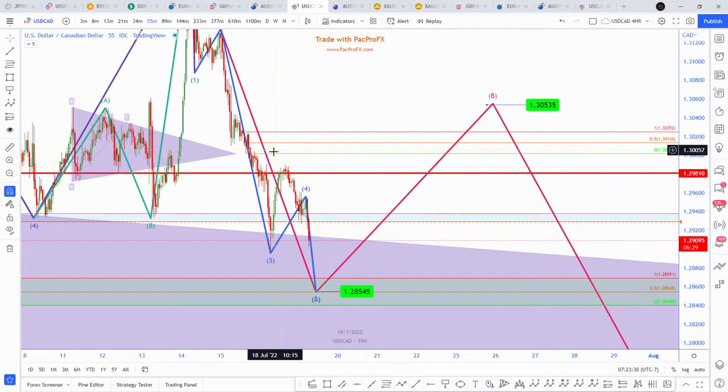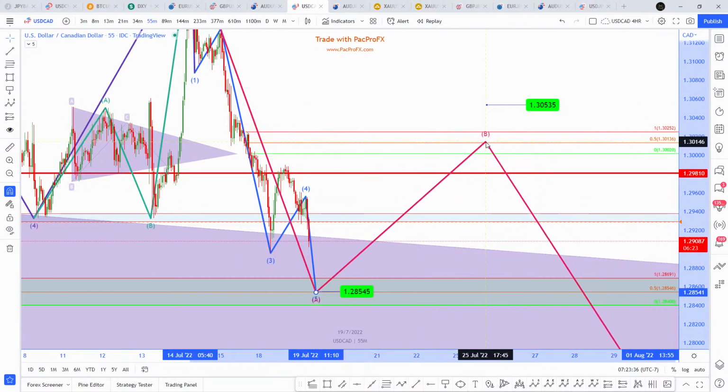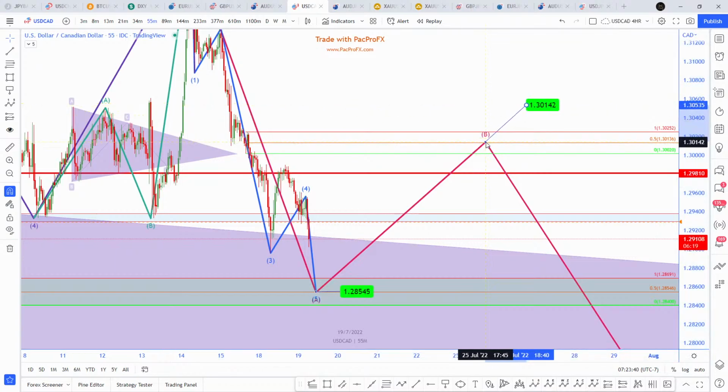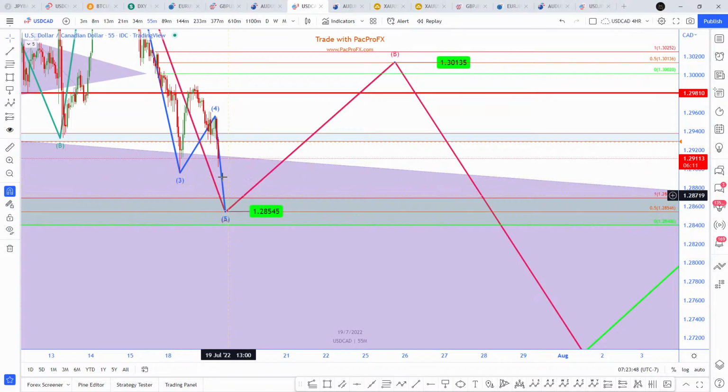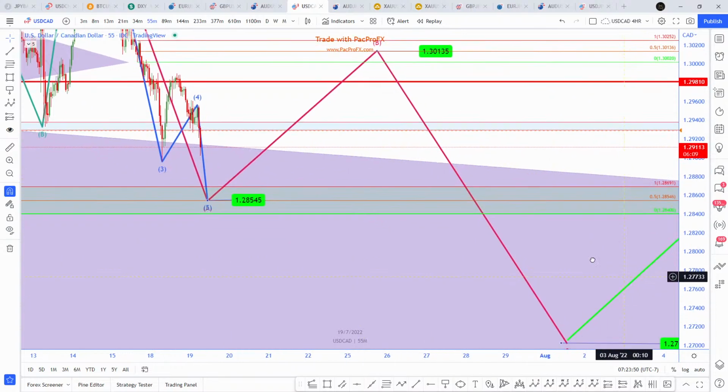So let's, oh, I already did it right here. Oh, well, that's the reason why it's going back in a triangle, because it was definitely going back here anyway.